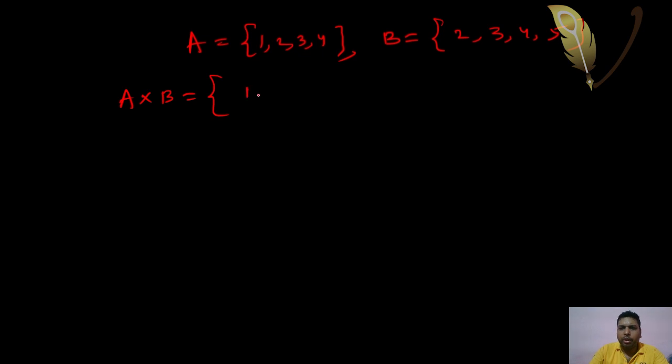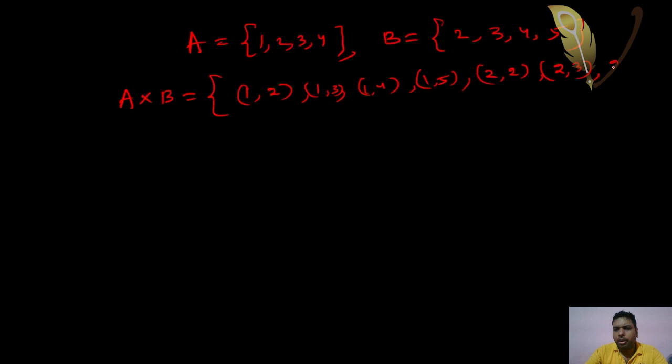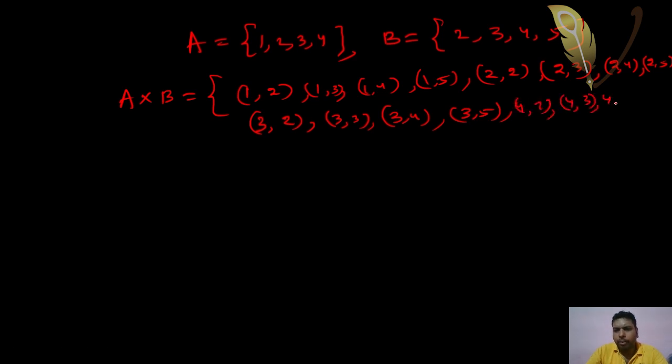A cross B contains 16 elements: (1,2), (1,3), (1,4), (1,5), (2,2), (2,3), (2,4), (2,5), (3,2), (3,3), (3,4), (3,5), (4,2), (4,3), (4,4), (4,5). A cross B contains 16 elements.